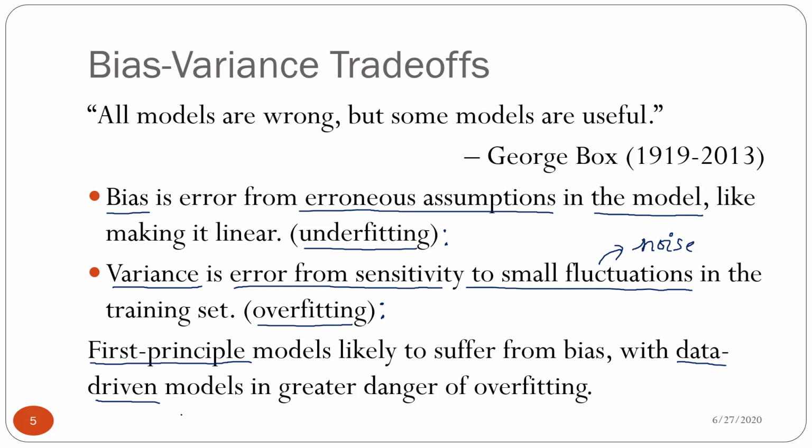So if the data that we are getting is from some physical principles like the laws of motion, where we know something about the phenomena that is generating the data, that kind of model, where we know about the system that is generating the data, they are called first principle models. And there are some other models where we don't know much about the system that is generating the data. So it is not like the laws of motion and something like that.